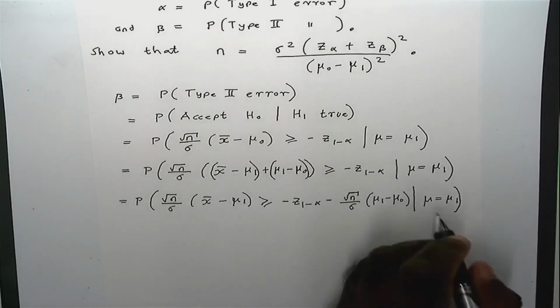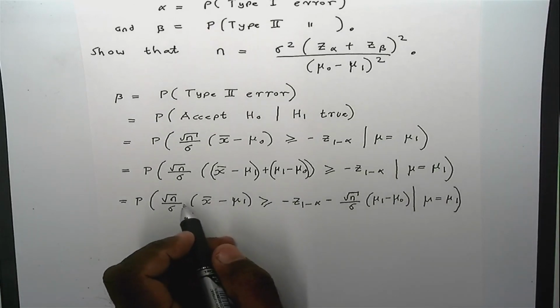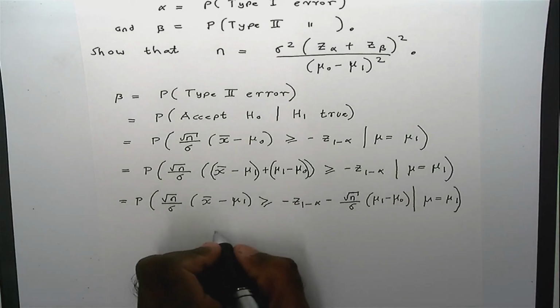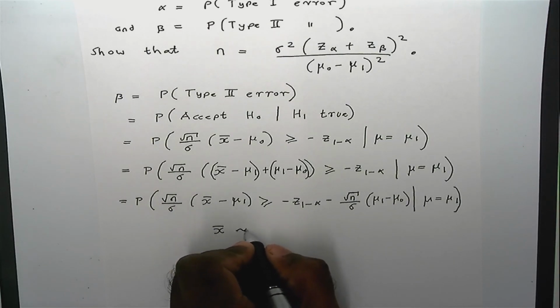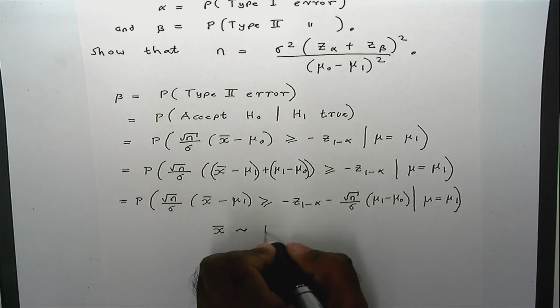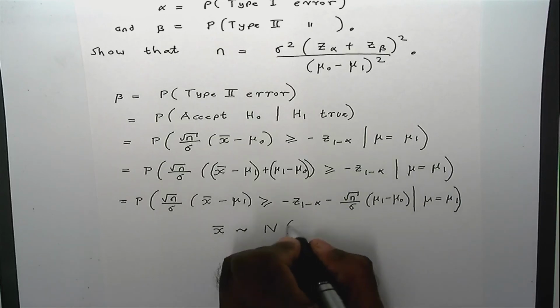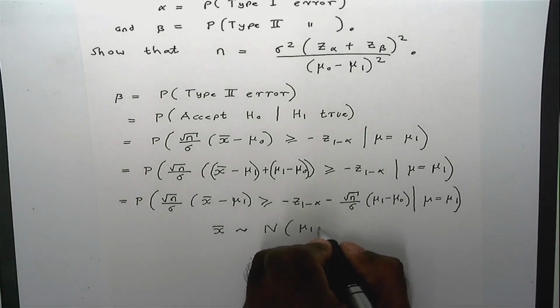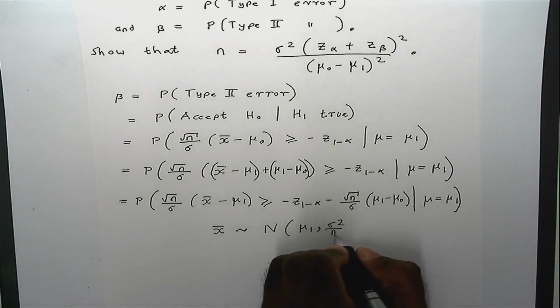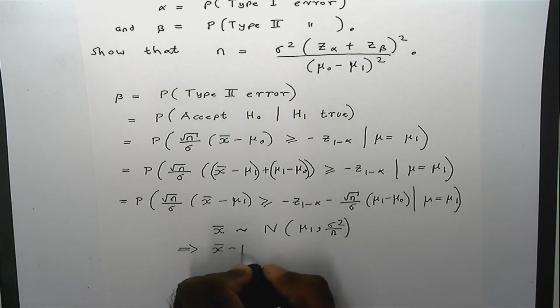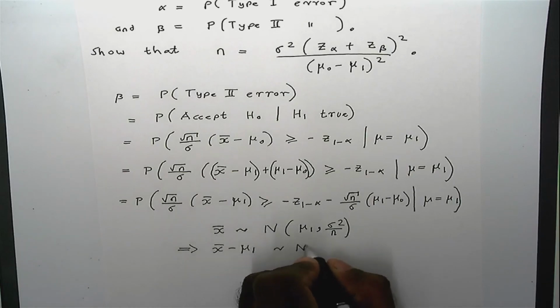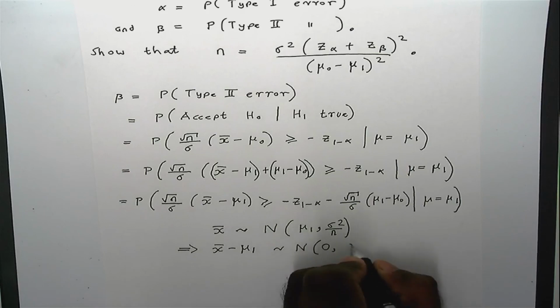Alright, now conditional on this fact that the population mean is mu1, this must have the standard normal. Now once again, if you don't know why, let me explain. One of the properties from the video on the normal distribution is that X bar given mu equal to mu1 must have this distribution. Which implies that X bar minus mu1 must be normal with 0 mean and variance this, right?